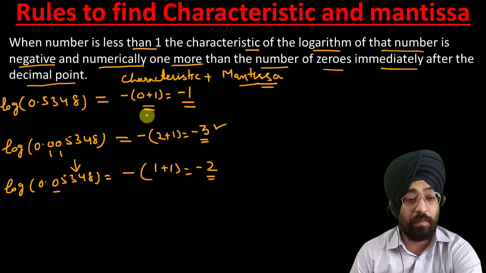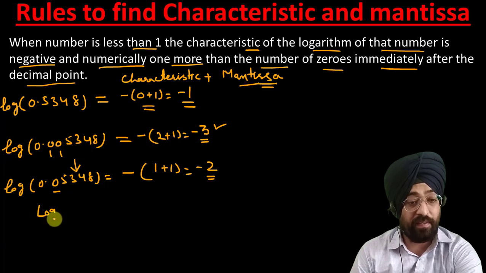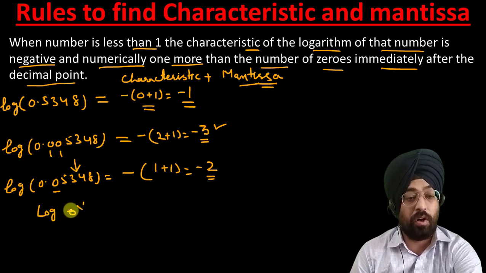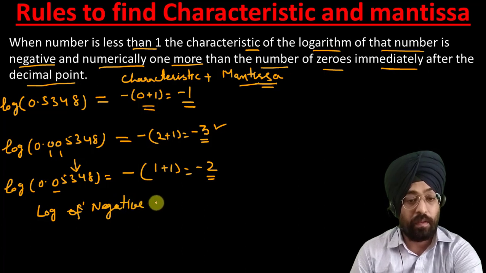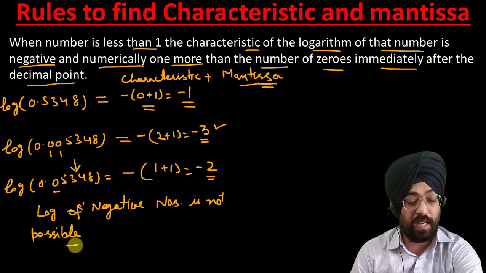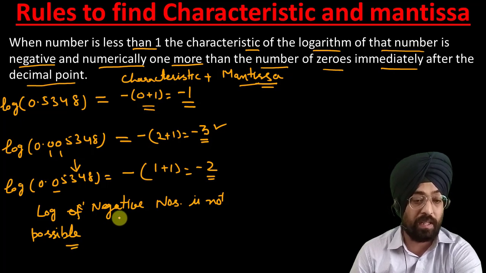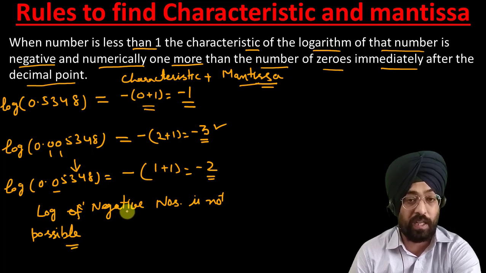And you also have to remember, log of negative numbers is not possible. We can have log of only positive numbers. They can be fractional or integral, but the only condition is the number should be positive.